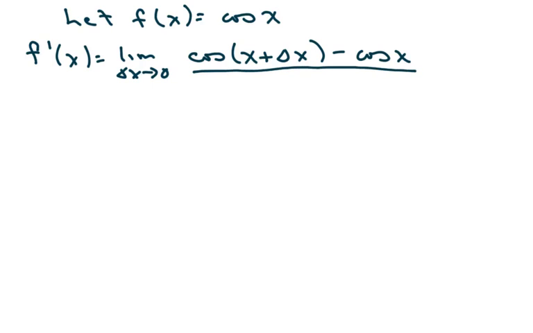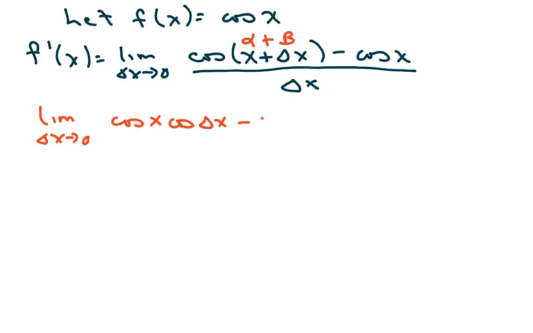And this is all over delta x. Now use my sum and difference identities for cosine. This would be alpha plus beta. So we're going to expand it as cosine of x times cosine of delta x. Remember, it's minus sine of x, sine of delta x. Then we have minus cosine of x all over delta x.